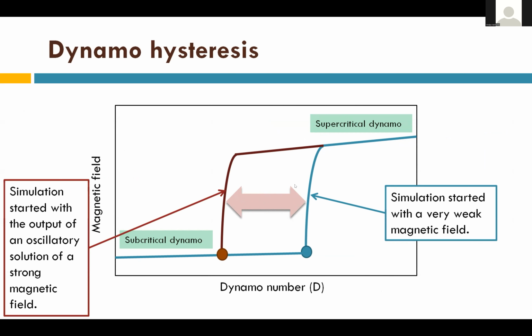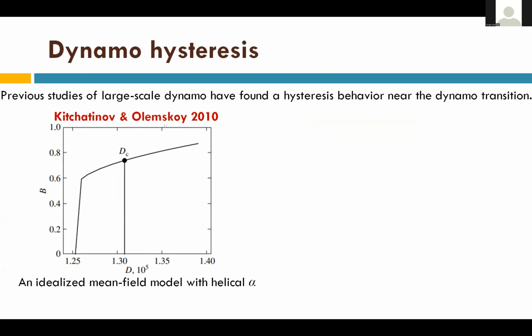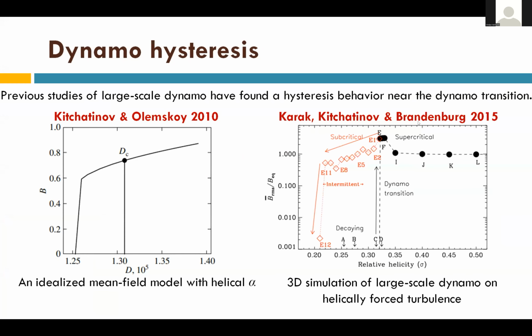This behavior was studied by Kitchatinov and Olemskoy in 2010, in which they used an idealized mean field model with the helical alpha distributed over the whole convection zone. Then Kitchatinov and Brandenburg in 2015 studied the same behavior, but they did a 3D simulation of large-scale dynamo with helically forced turbulence.